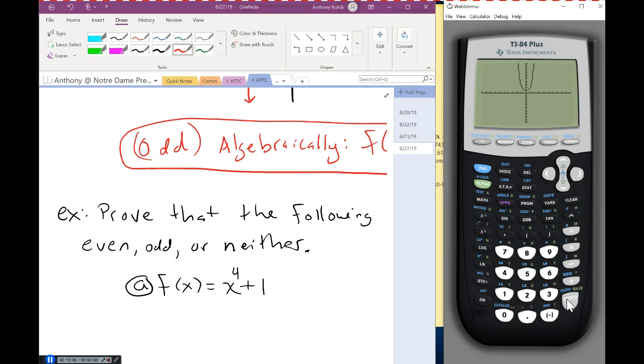So if I look at this, which one of those three does it look like? Even, right? It looks symmetric about the y-axis. So I'm going to write that I claim that this is an even function.